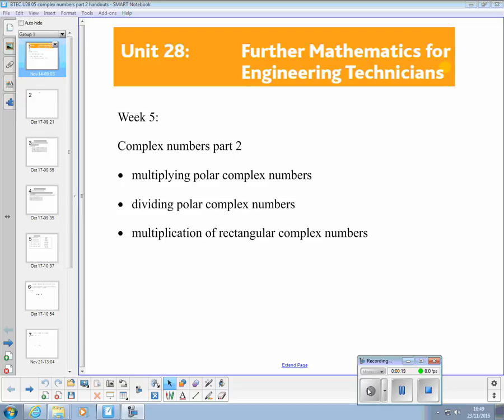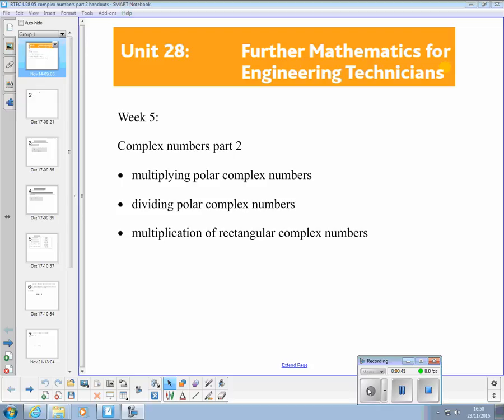This week I'm going to cover multiplying polar complex numbers, dividing polar complex numbers, and then the multiplication of rectangular complex numbers. Notice that we're not doing division of rectangular this week. We'll be picking that up next week because that's a little bit more tricky. So, one stage at a time.